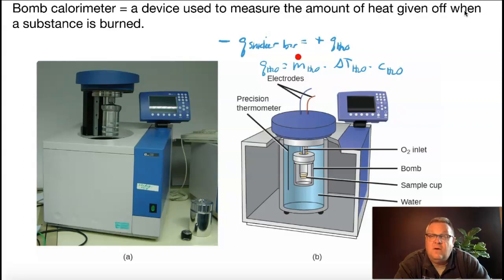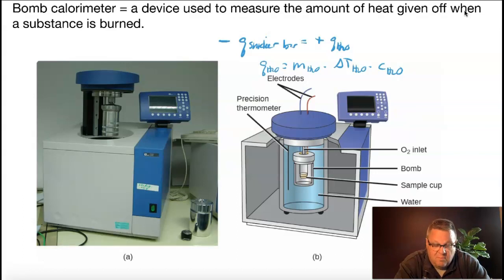Well, the density of water is 1 gram per mL, so 200 milliliters of water is 200 grams. Let's say the temperature goes up by 13.0 degrees, from 20 to 33.0 degrees. Delta T is positive 13.0 degrees, and specific heat of liquid water is 4.18 joules per gram degree C. Okay, we could punch those numbers in, and we could get a value for Q water.